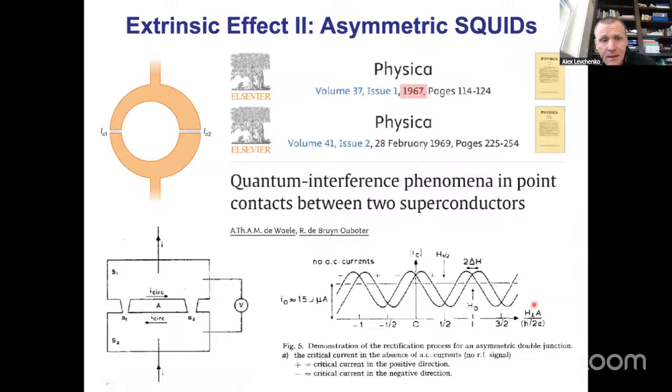And as you can see, by flipping the direction of the field, you shift them. So this would be a manifestation of both the anomalous Josephson effect and the diode. When you make sufficiently asymmetric junctions, the magnitudes of these currents will squeeze, and so they will also be skewed. This experiment was done in 1967, the first experiment of this type, by these people back in the day.